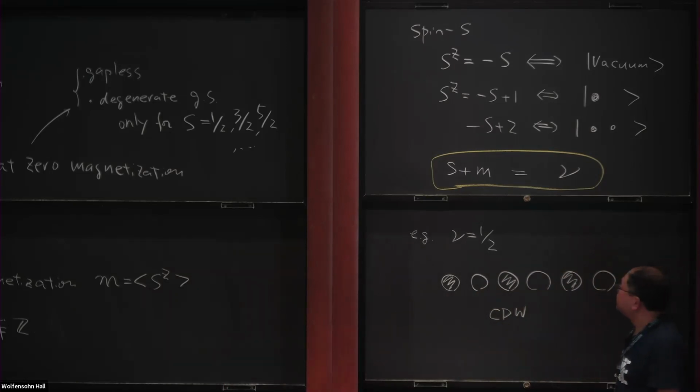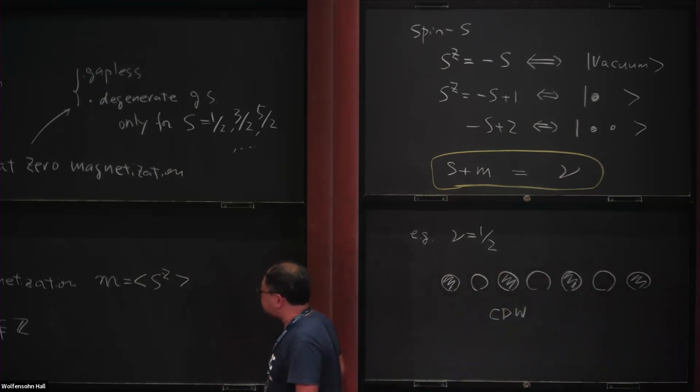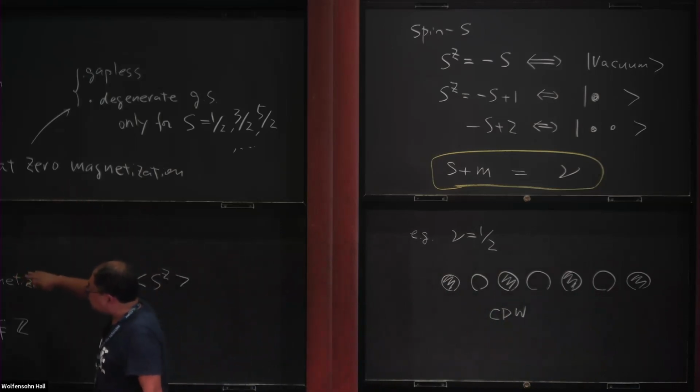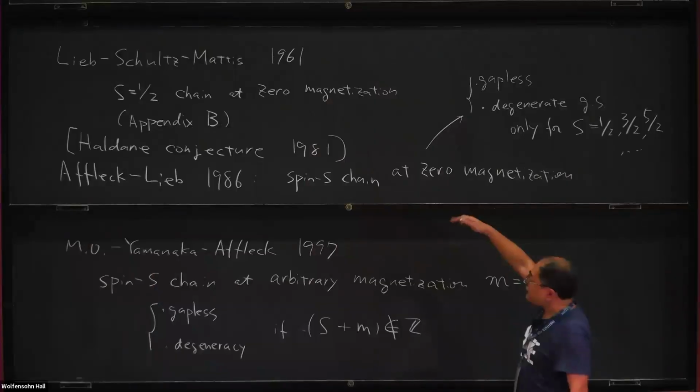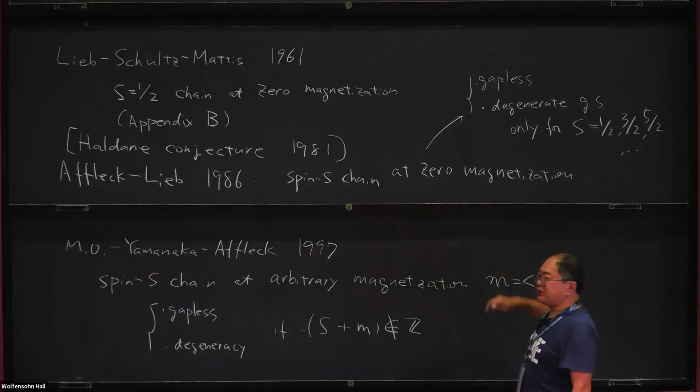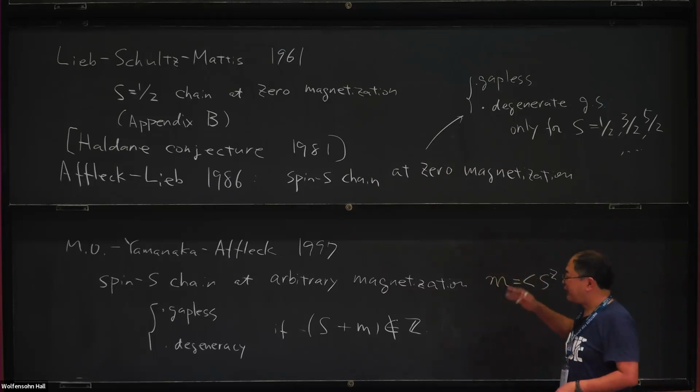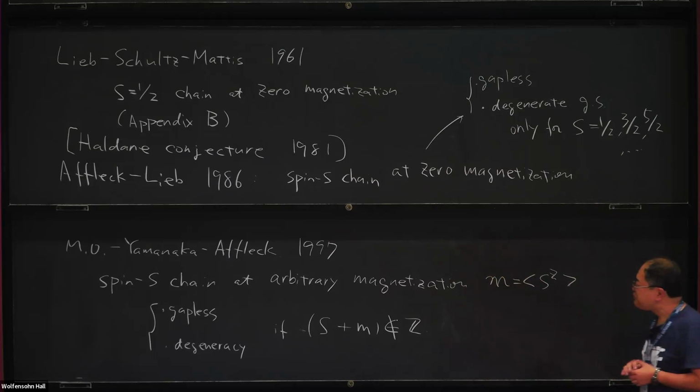But anyway, this is a generalization. This was still based on the original argument by Lieb-Schultz-Mattis using some kind of variational argument, which has a difficulty when applied to two-dimensional or higher dimensional systems. Although, yeah, you could argue that the original argument in some sense works for higher dimensional systems, but there are some subtleties.